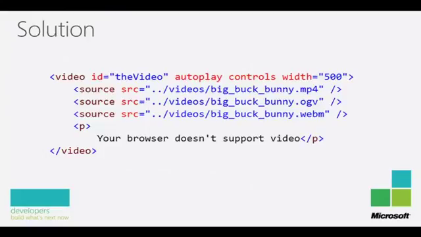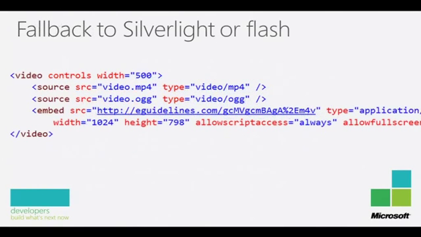The last thing inside the video tag is a fallback value. This is a piece of code that you can run when the browser does not support the video. For example, in this case, you will have a paragraph saying your browser does not support the video. Now, what you can do to make it better is something like this. Your fallback value could be a reference to a Flash or a Silverlight video.